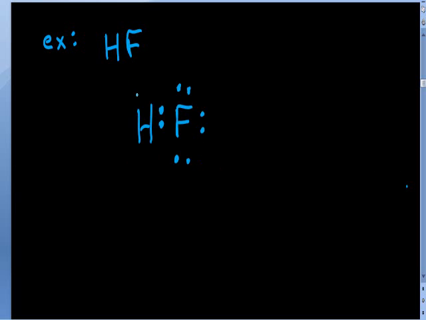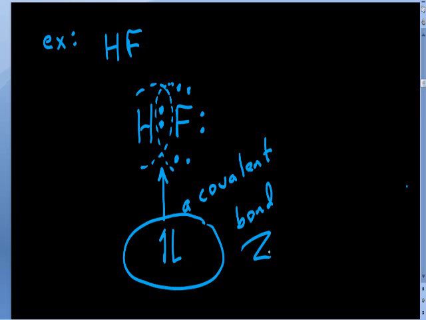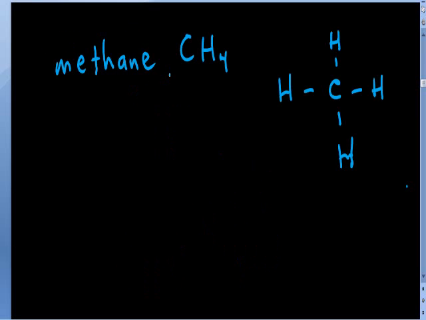If we get overlap of the orbitals, where hydrogen's electron cloud overlaps with the electron cloud of fluorine, we end up having this area where a pair of electrons is being shared by the two atoms, and this pair of electrons being shared between the two atoms is what we would consider and call a covalent bond. Each atom contributed one electron to share, and it creates a pair of electrons being held between the two nuclei of the two atoms, and we have a bond between the two atoms known as a covalent bond.